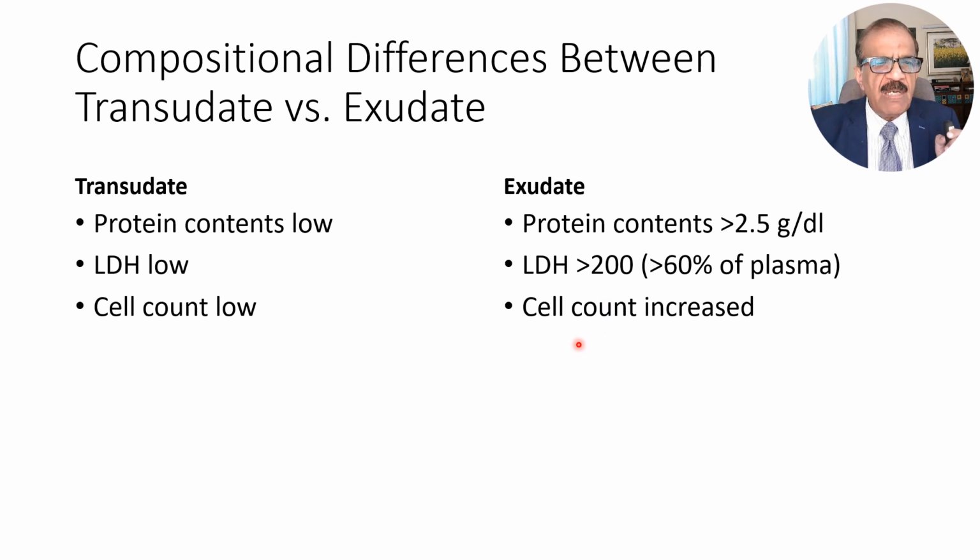But when a procedure is done carefully and there is no significant trauma, presence of protein and LDH and cells would indicate exudate and would indicate some inflammation or injury. So in a patient with cirrhosis, if we see any of these, that will surely mean that there is some complication, like spontaneous bacterial peritonitis or some other complication.